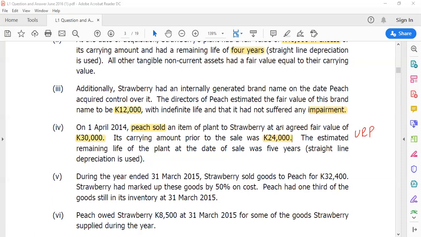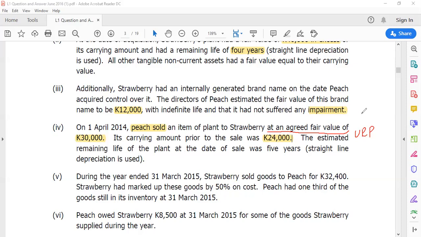They've told you sold at an agreed fair value. So these assets were revalued from 24 to 30. That's what happened before he sold. And then after being revalued, he said, now, let me sell to you at the same revalued amount. Are you seeing?